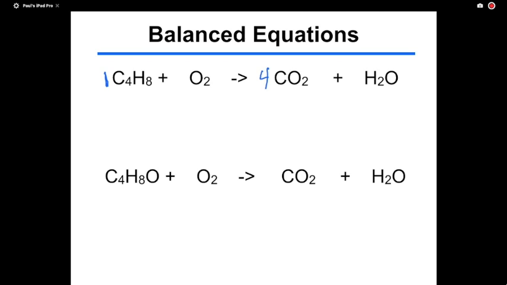I could put 4. Okay? Because if I write 4 waters out, I count 2, 4, 6, 8 hydrogens total. I have balanced carbon. I have balanced hydrogen. I have to do the oxygen now.